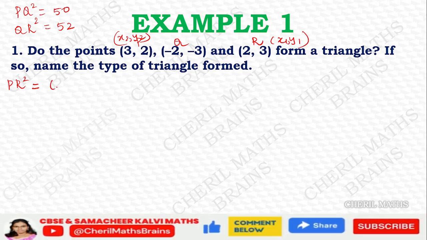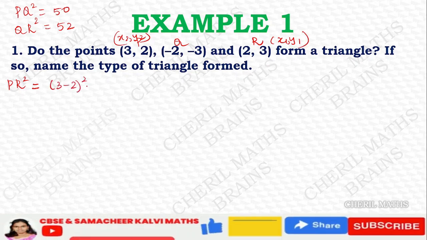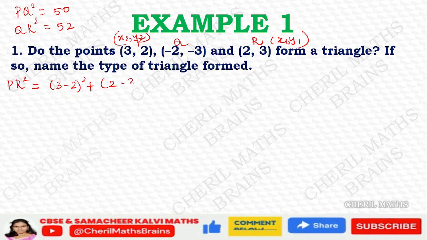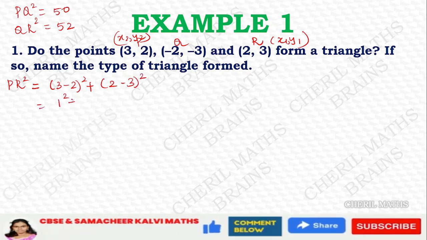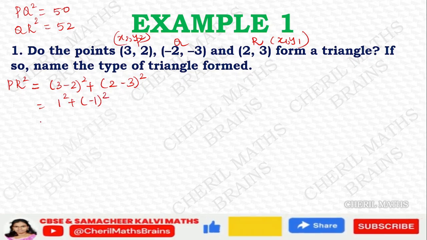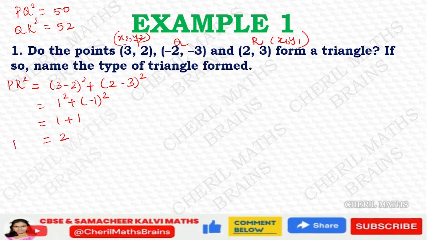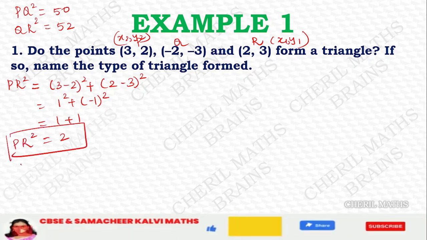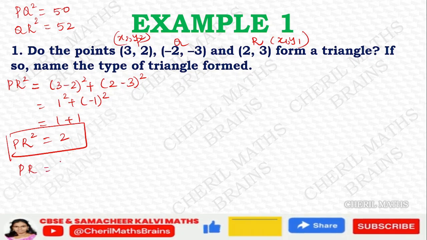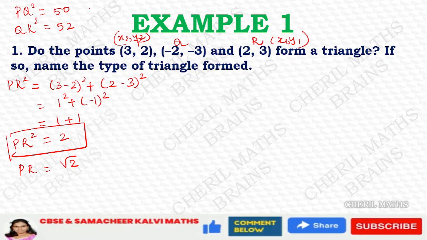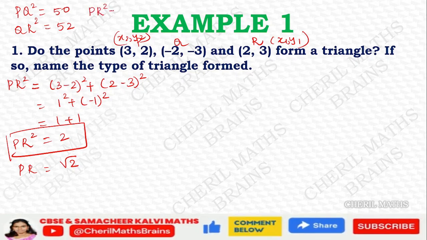So what will I get now? 3 minus 2 the whole square plus 2 minus 3 the whole square. So 3 minus 2 is 1 square plus minus 1 the whole square, which will be 1 plus 1, which is 2. PR square is 2, so our PR is root 2.